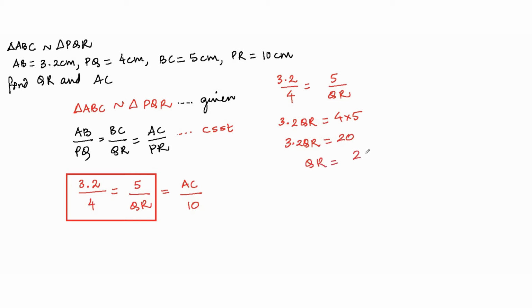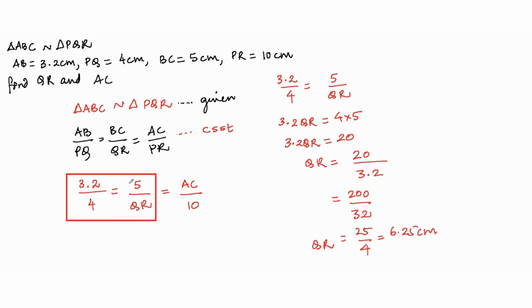Therefore, QR is equal to 20 divided by 3.2. Now I can multiply both the numerator and denominator by 10, so it becomes 200 by 32. Divide both by 8, so this becomes 25 by 4. And therefore, the length of QR is 6.25 centimeters.